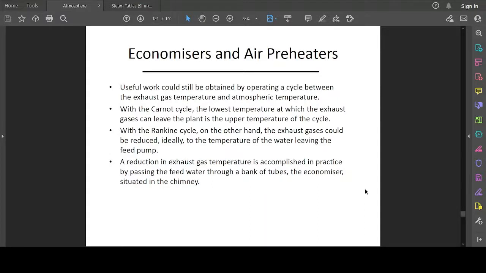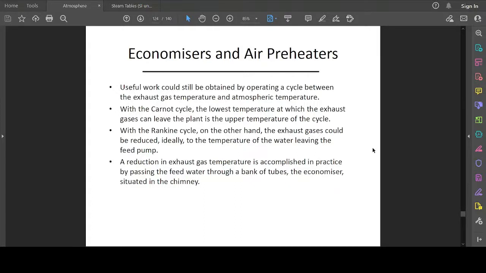Useful work could still be obtained by operating a cycle between the exhaust gas temperature and atmospheric temperature. With the Carnot cycle, the lowest temperature at which the exhaust gas can leave the plant is the upper temperature of the cycle, which is the critical temperature.